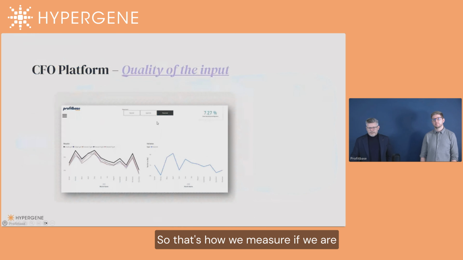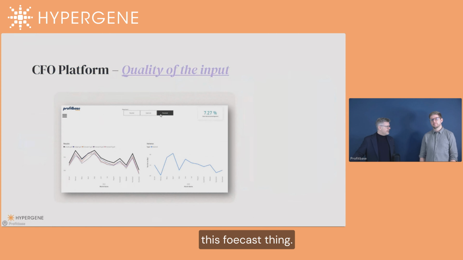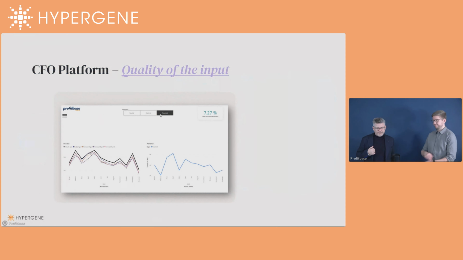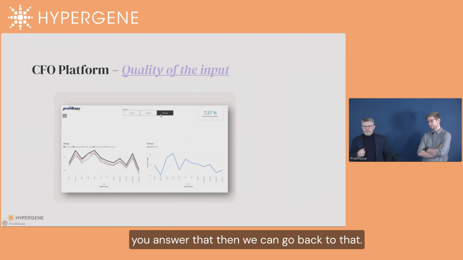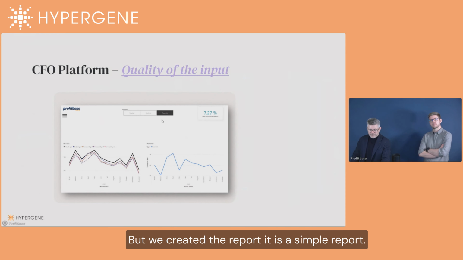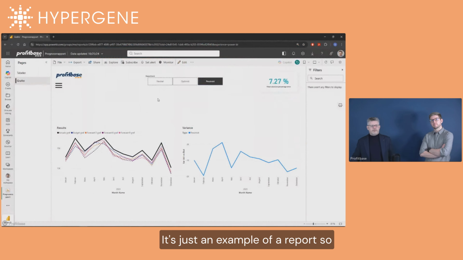So then, how do we measure, are we good at this? Are we good at this forecasting? We have questions, like who owns the numbers in the organization? If you answer that, then we kind of go back to that. But the report is a simple report, just an exemplification of a report.